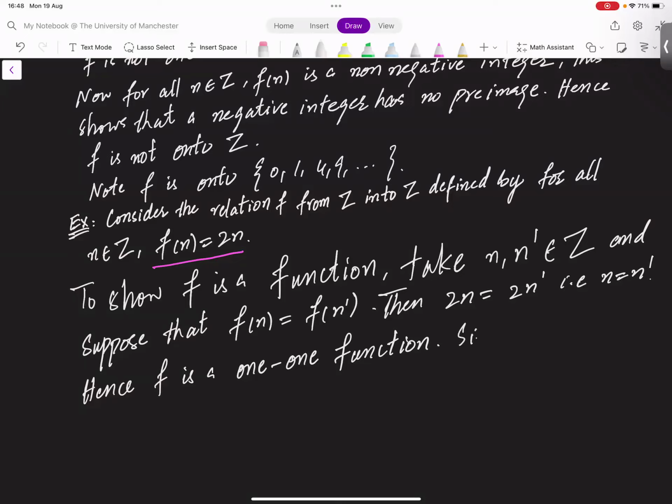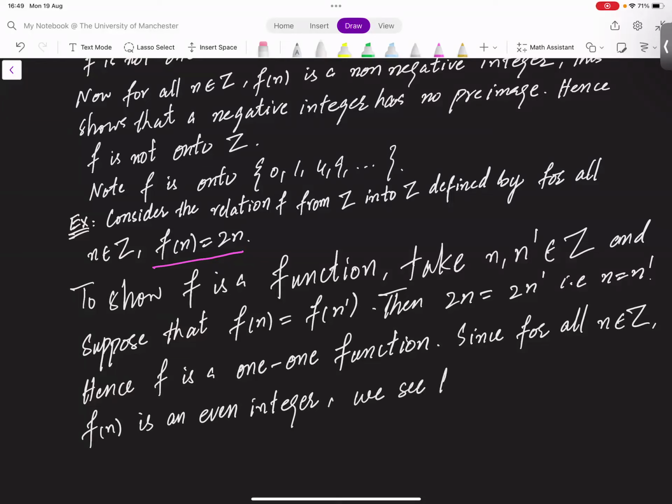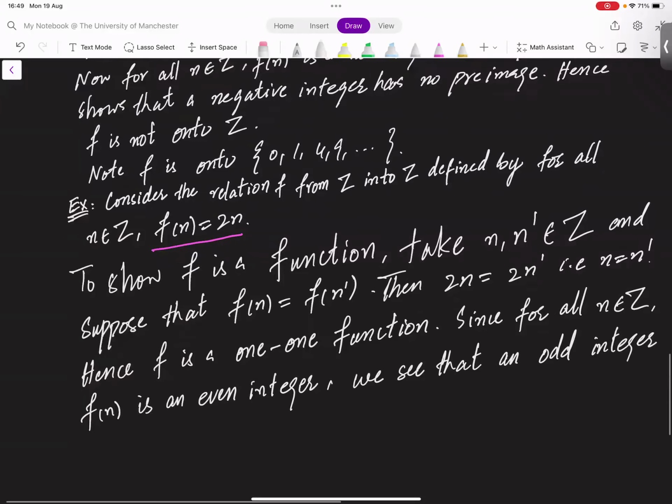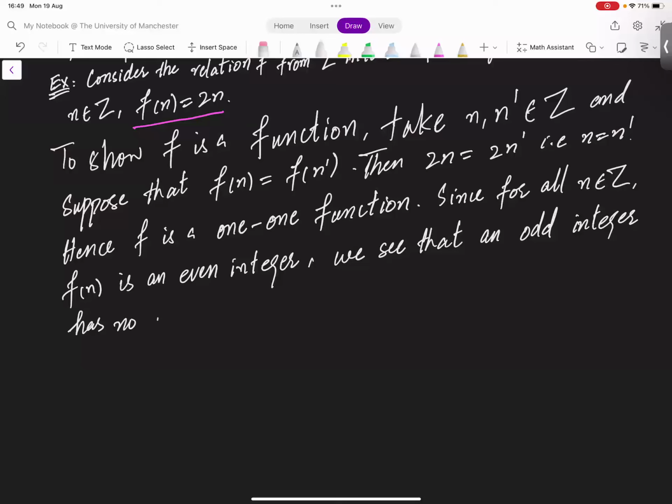Now, since for all n in Z, f of n is an even integer, we see that an odd integer has no pre-image.